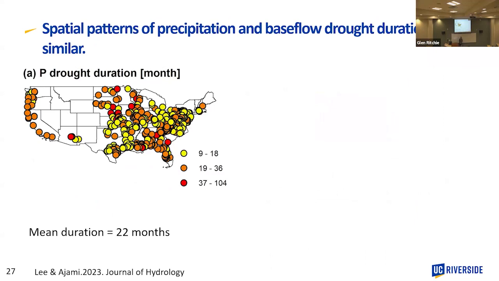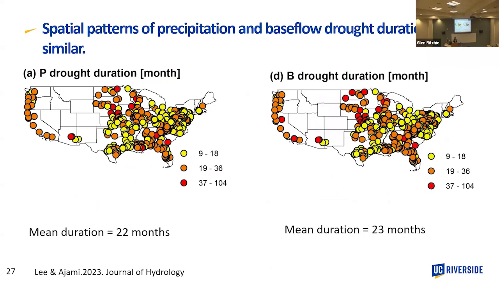Our results showed that, in terms of precipitation droughts across these 358 catchments, the duration of droughts varies from 9 months up to 104 months, but on average, the duration of precipitation droughts across the continental US is about 2 years. And if you look at the base flow droughts, we also observe similar patterns. The average duration is slightly longer, 23 months.